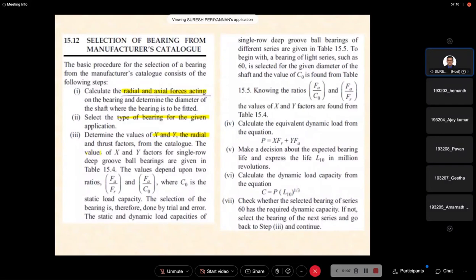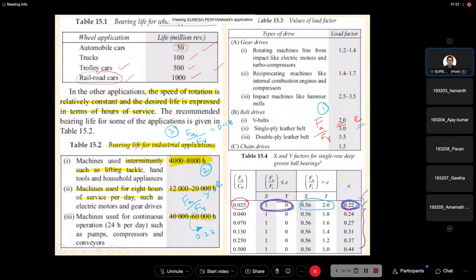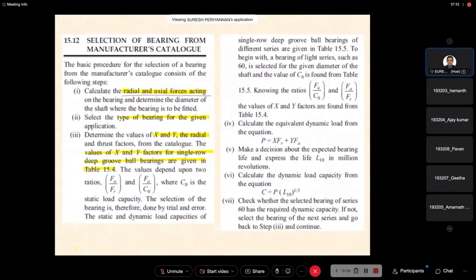The values of X and Y factors given in the table are for single row deep groove ball bearings, not double row deep groove ball bearings. The values depend upon the ratios FA by FR or FA by C naught, where C naught is the static load capacity.